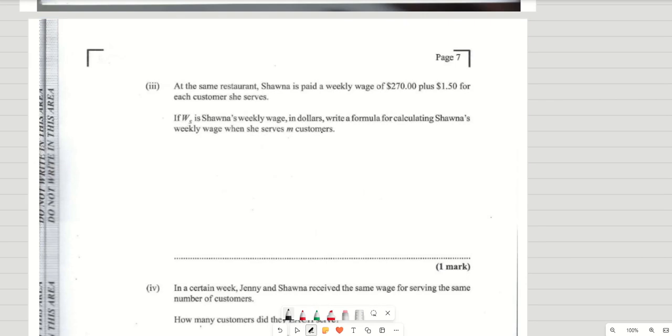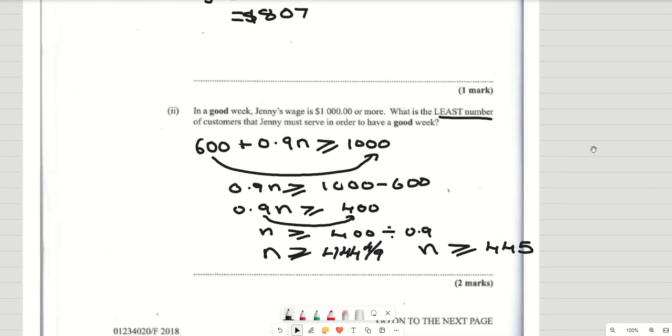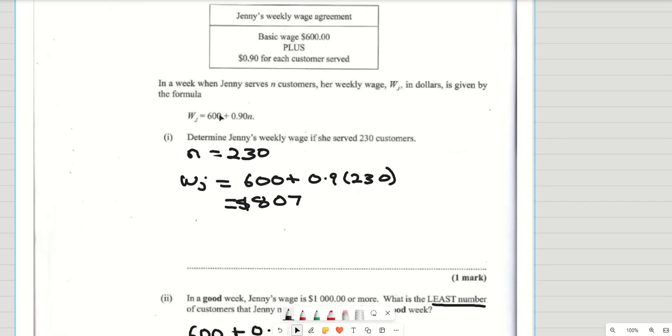So like the formula above, we know Shona's weekly wage would be her basic wage, which is $270, plus $1.50 multiplied by M, because M would be the number of customers, and that would be the formula for this. You can compare it to this one here.